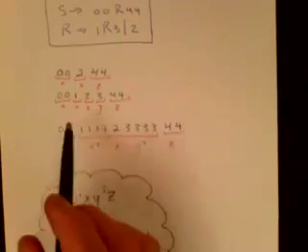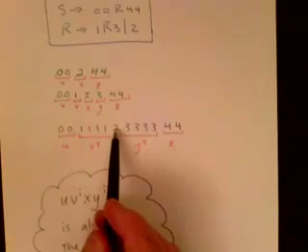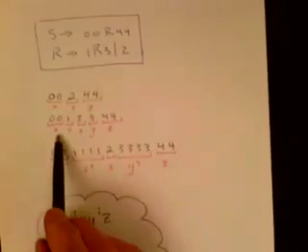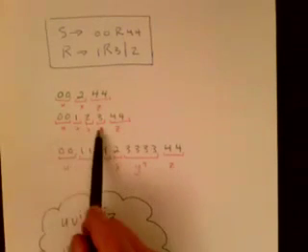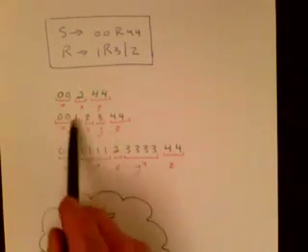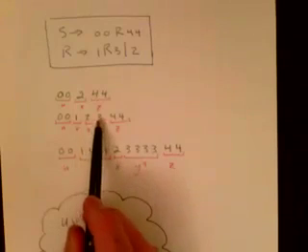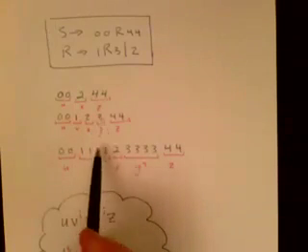So we're going to break these strings up into pieces called U, V, X, Y, and Z. The V and the Y part are involved with the R rule and the recursion part, so they can be repeated.